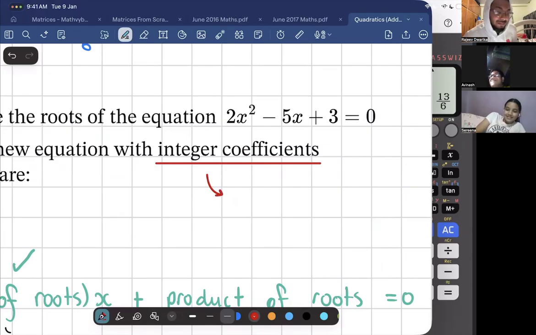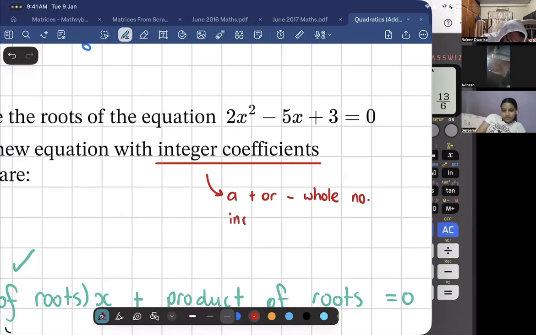A whole number that could be negative or positive. Right, a positive or negative whole number, including what? Including 0. Yep.